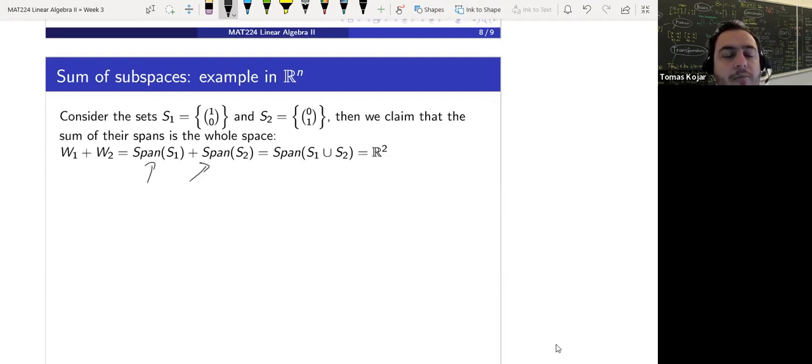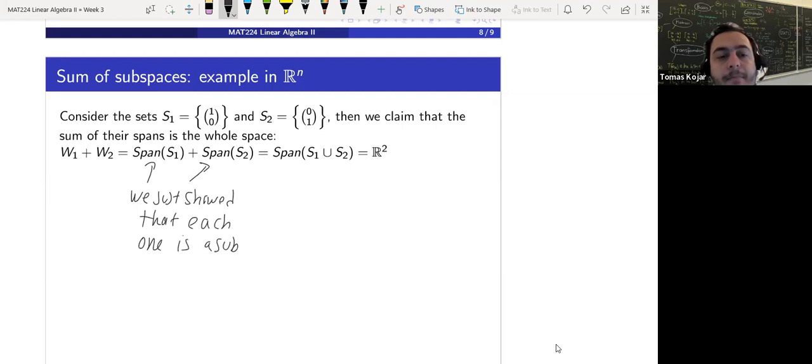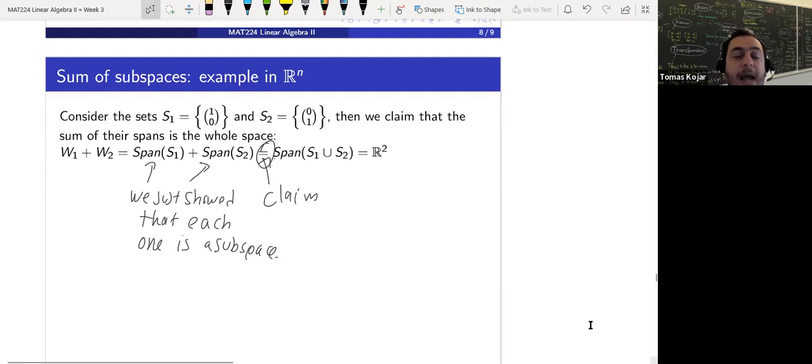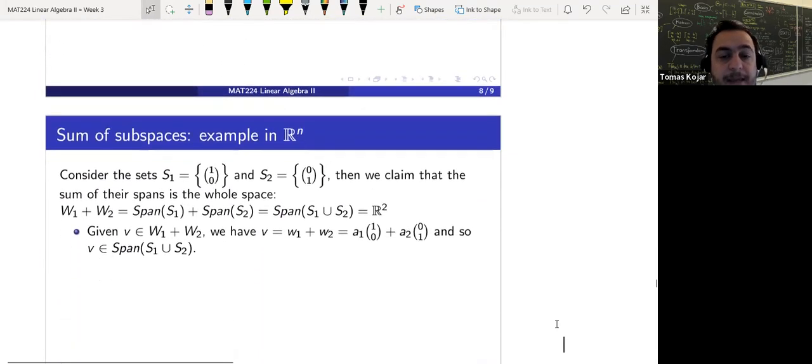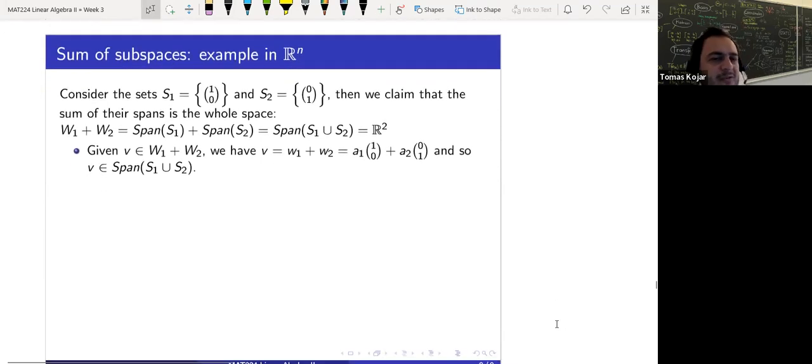Recall, we just showed that each one is a subspace. And now the claim is that if you sum their spans, you get the span of the union. This is the claim over here, that somehow you can bring in this additive operation. This is a proposition in your book, and I want to just catch the idea for this example, because you're going to do some of it in your homework.